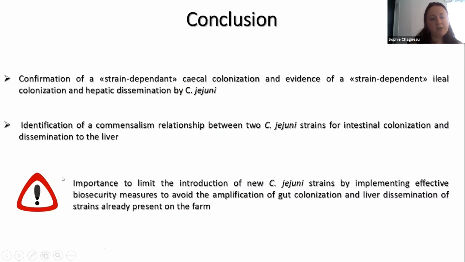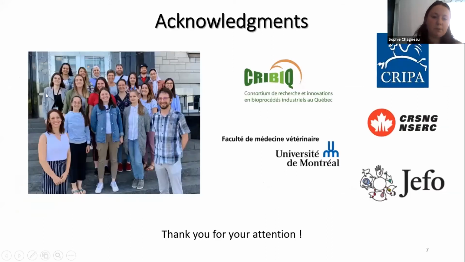And these results highlight the importance of limiting the introduction of new Campylobacter jejuni strains by implementing effective security measures to avoid the amplification of good colonization and liver dissemination of strains already present on the farm. And I thank all members of my laboratory, all grants fund, and you for your attention.